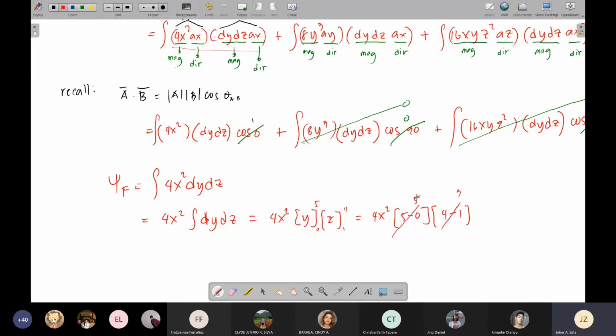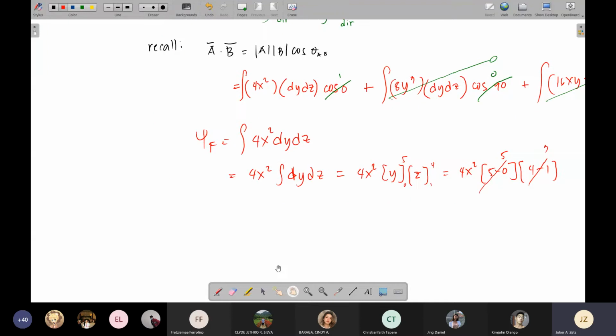So 4 times 5 is 20, times 3 is 60. So the flux on the front will be 60x squared. But x remains. To know the value of the flux on the front, we have to substitute x.